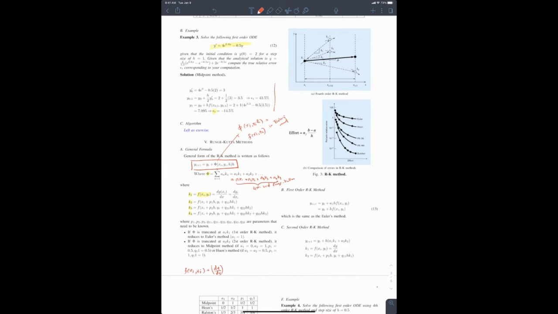Now k2 is f(xi plus p1h, yi plus q11h k1). And then k3, bear with me, let me read this through: f(xi plus p2h, yi plus q21h k1 plus q22h k2).